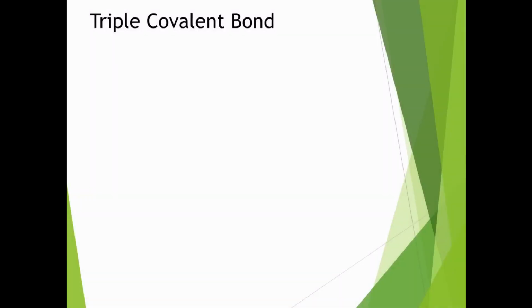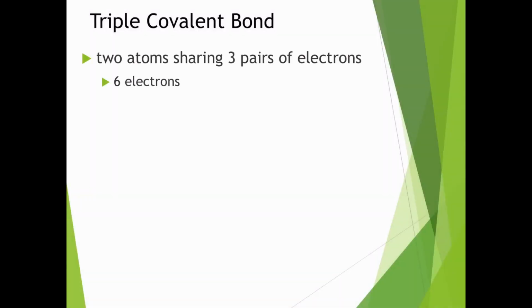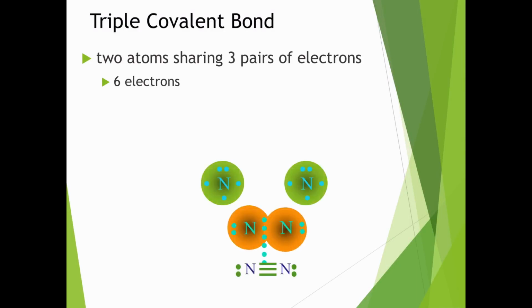And so we call this a triple bond. So 2 atoms that are sharing 3 pairs of electrons, or 6 electrons total, looks like this, right? So, as the nitrogens get closer, they share 6 electrons. So rather than drawing it like that, we draw 3 straight lines between the nitrogen atoms. That is a triple bond.